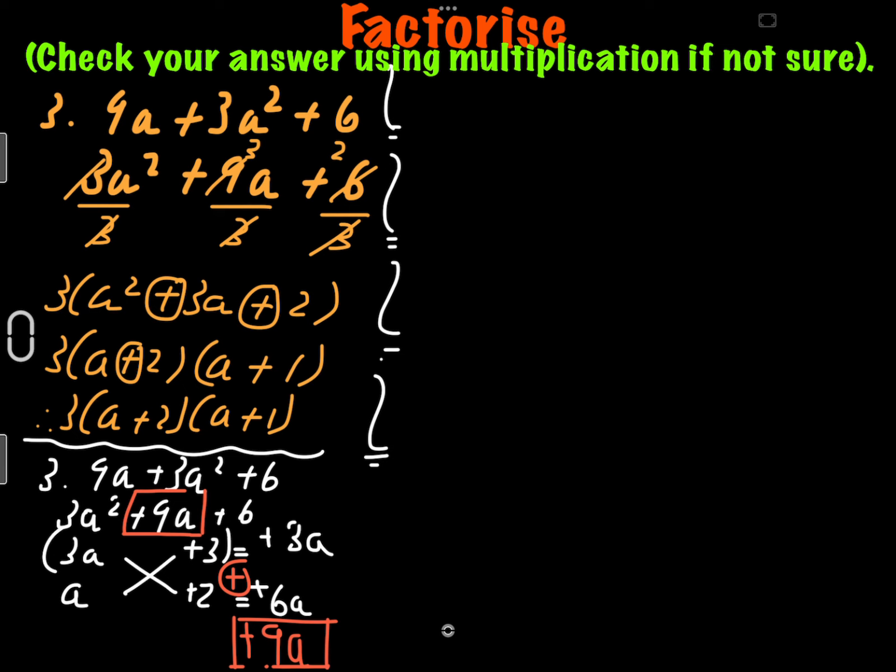So we have that first parenthesis and then a second parenthesis, which means therefore that 3a plus 3 multiplied by a plus 2 is equal to 9a plus 3a squared plus 6, which when written in the correct format should give us 3a squared plus 9a plus 6.